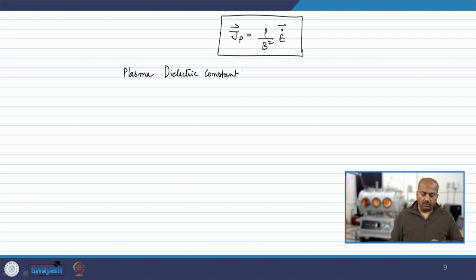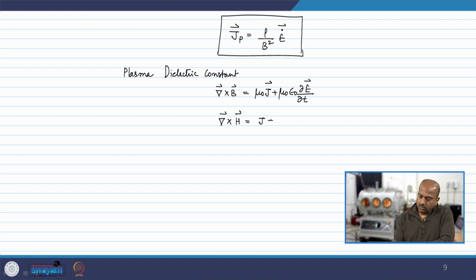So, generally from the Maxwell equations, we know that del cross B is mu naught J plus mu naught epsilon naught dou E by dou t, right, or we can write it in terms of H as del cross H is equals to J plus epsilon naught dou E by dou t.